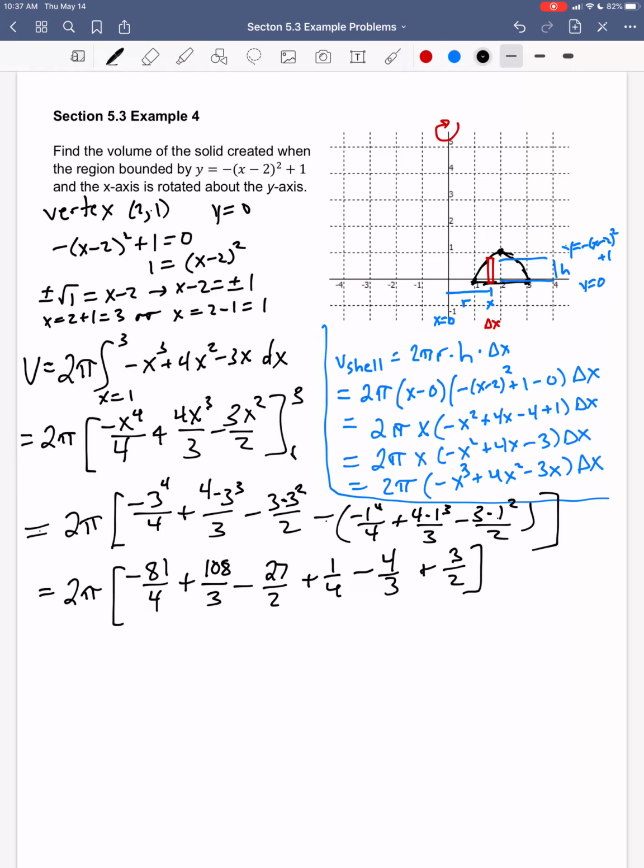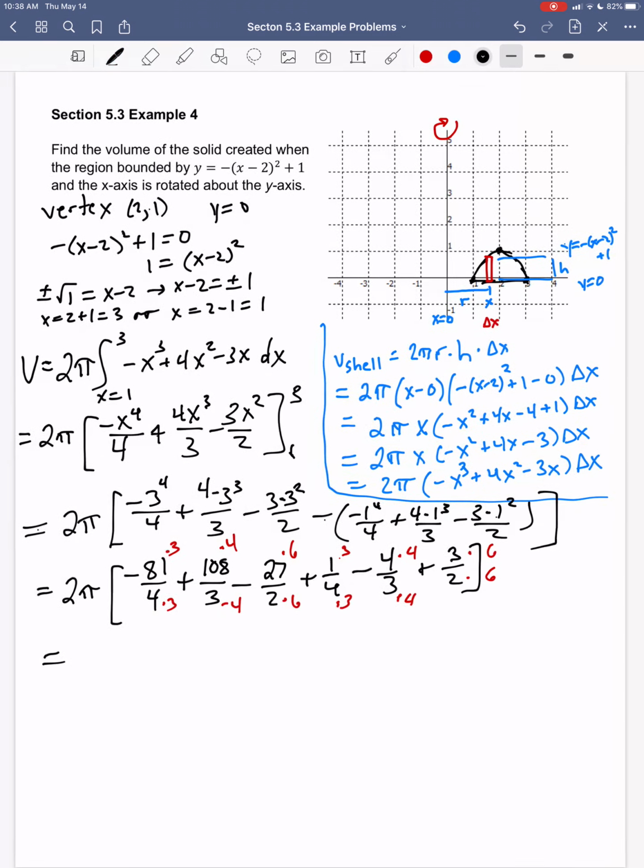To make this easier, let's just change everything to a common denominator of 12. So times 3, times 4, times 6, times 3, times 4, times 6. You could have also combined like terms first if you want. I just feel like doing it this way, getting it all over at once.